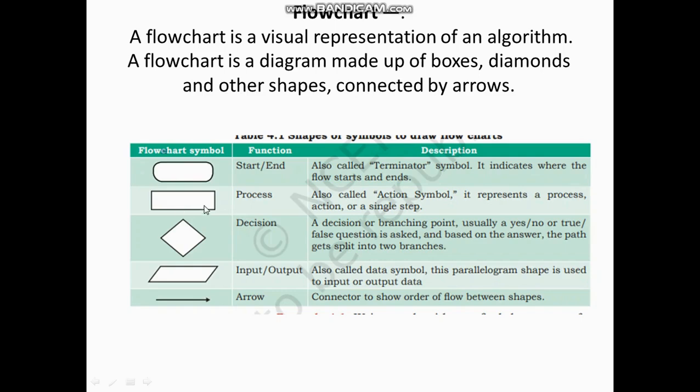This is a rectangle which indicates the process. A diamond shape or a rhombus indicates the decision making process. And a parallelogram indicates the input and output. An arrow mark shows the flow from which step to which step it is going.